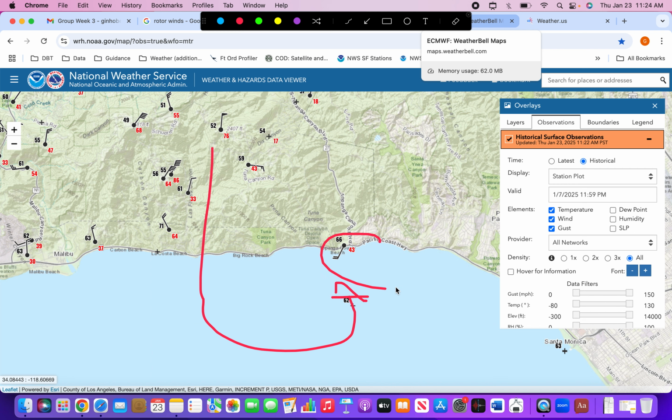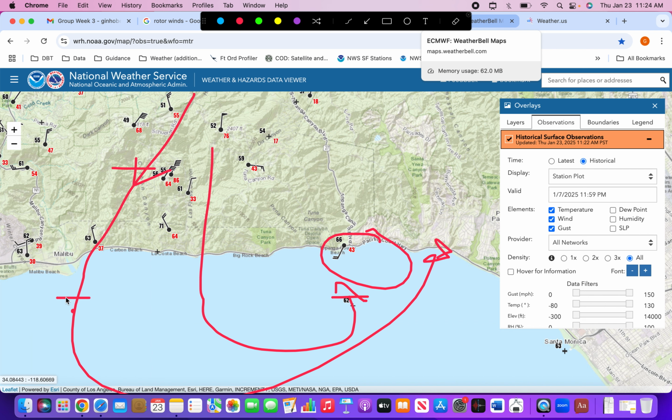That's why the wind is out of the south over here, while it's coming down here and wrapping around. Here it's from the north, and then it just wraps, comes right back up. So that's a little bit about rotor winds.